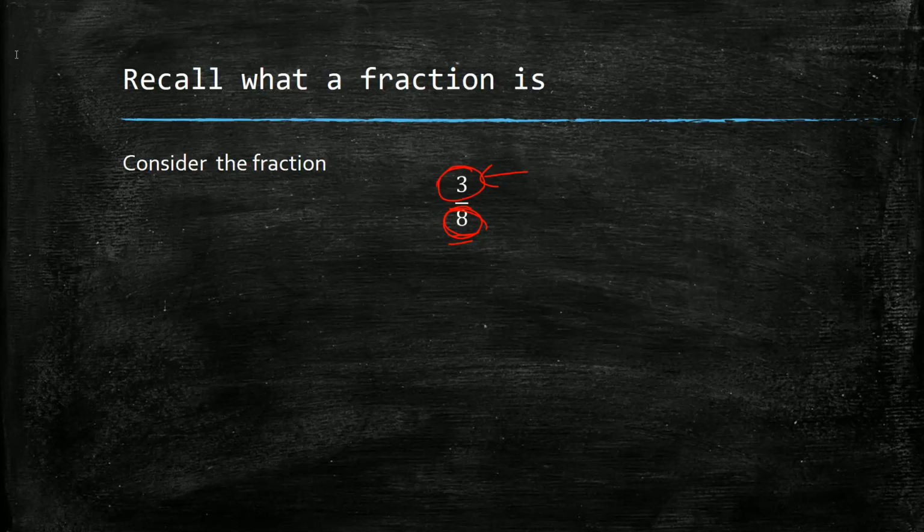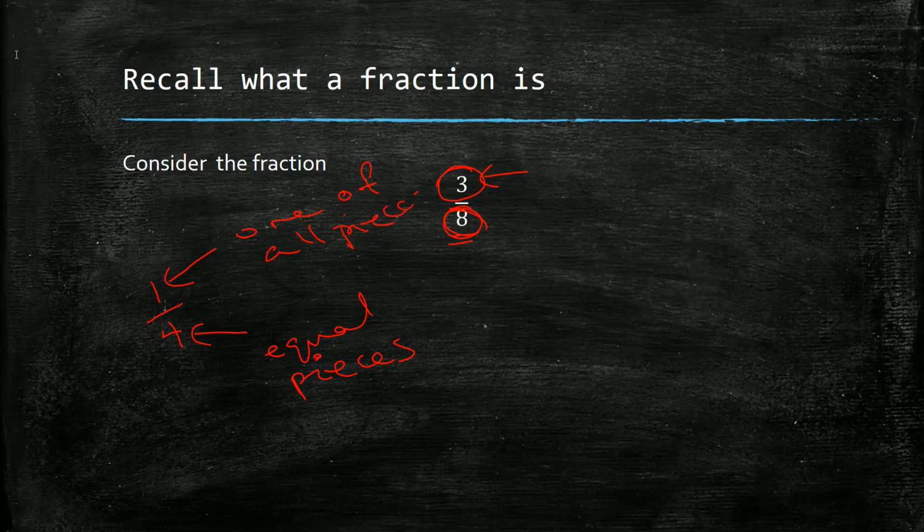Let's consider another one, 1 on 4. That means we have 4 equal pieces, and we have 1 of all the pieces.